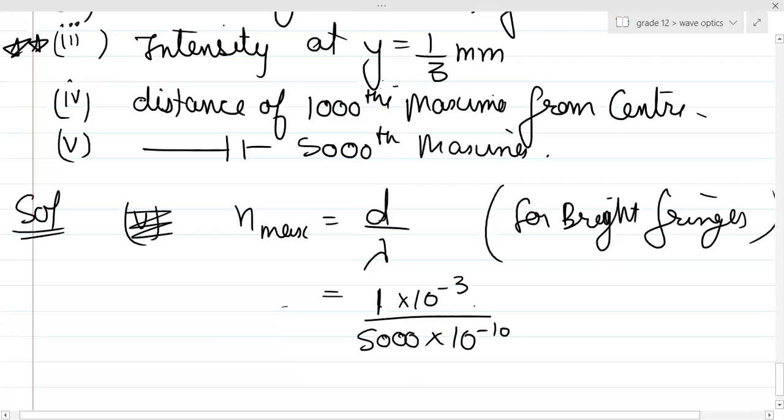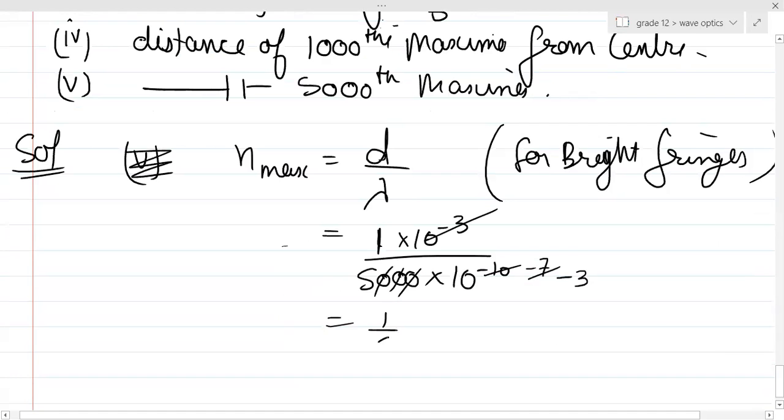So this will be cutting with this, minus 7, 1 2 3, so minus 3. When it will go up, it will become 1000. So 1 by 5 multiplied by 1000 is basically 200.